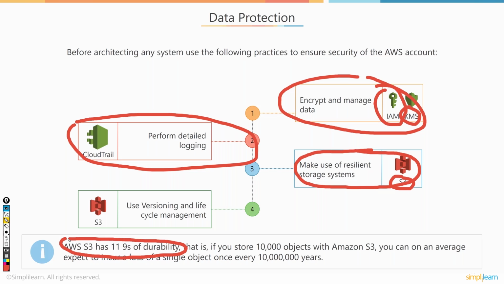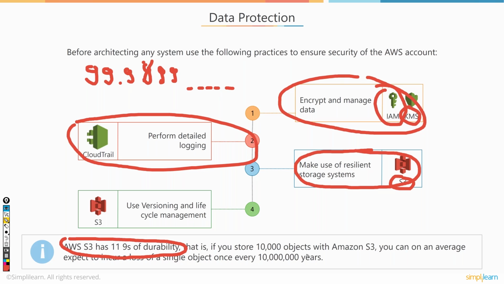What it means is, if you think about 99.9%, that's a lot. But actually, AWS does have 9, 9, 9, and there are actually 11 of those behind.